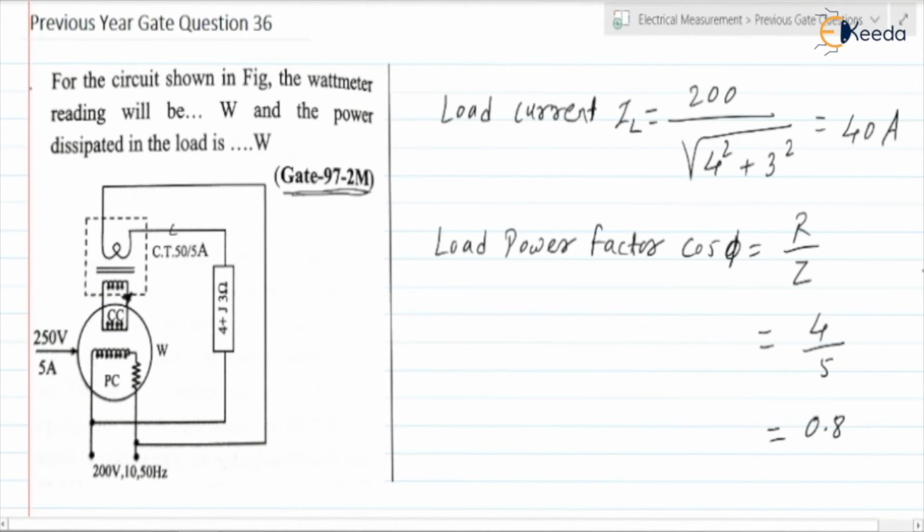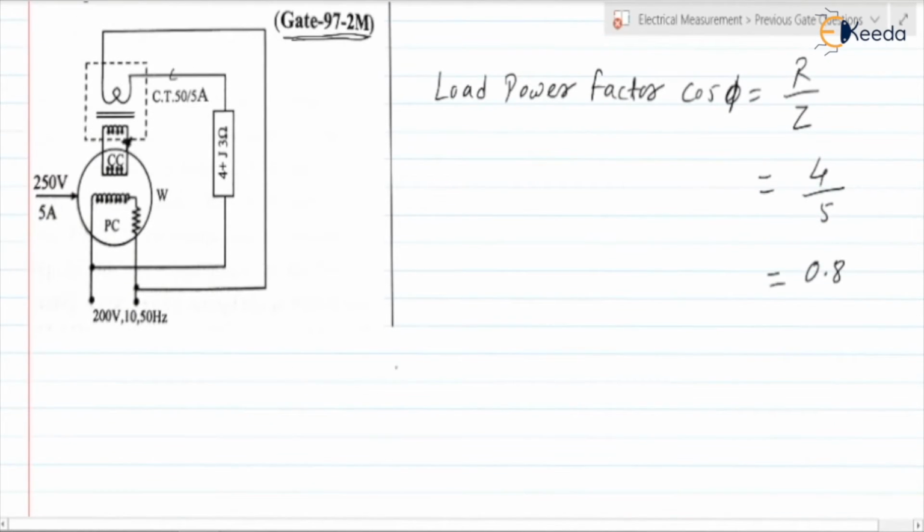Next, power dissipated in the load, that is the load power. Load power P is equal to supply voltage into current flowing through the load into cos phi. So it is V into IL into cos phi.